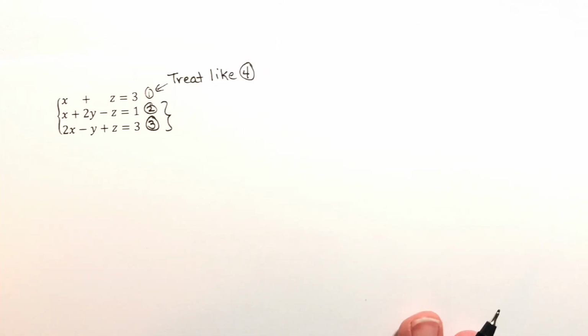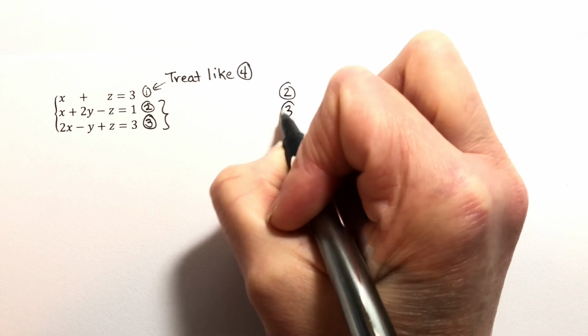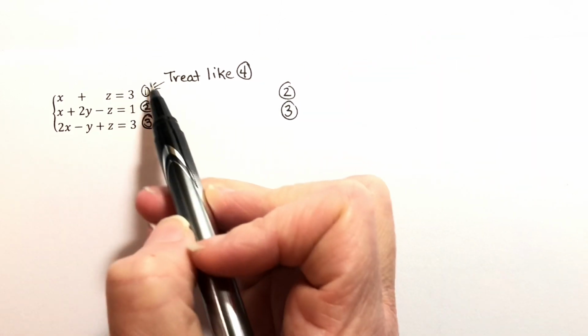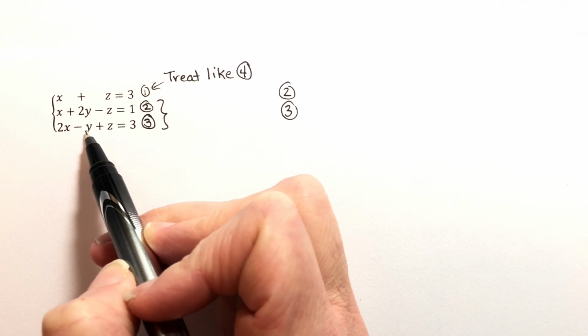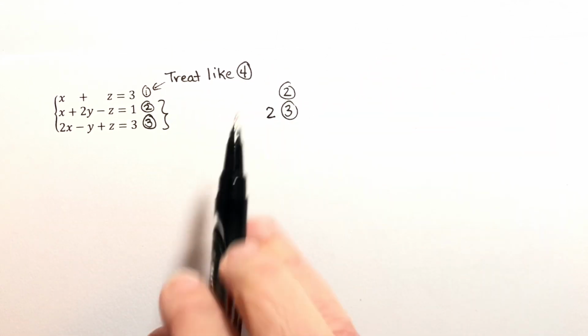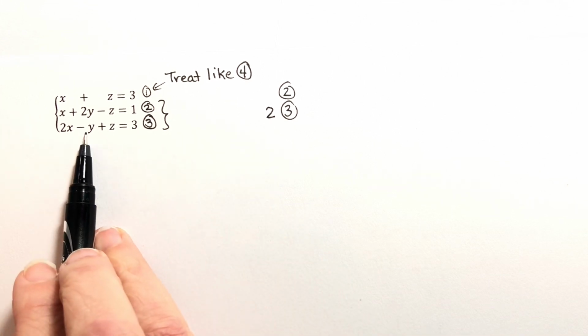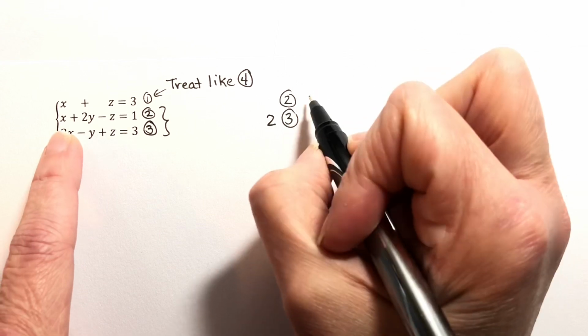Okay? So I'm going to skip to 2 and 3, and I want to get rid of y so that it matches equation 1. So this is a 2, this is a -1. They already have opposite signs, which is nice. And if I multiply equation 3 by a 2, then my y's are going to go away. So recopy equation 2, there's no change here.